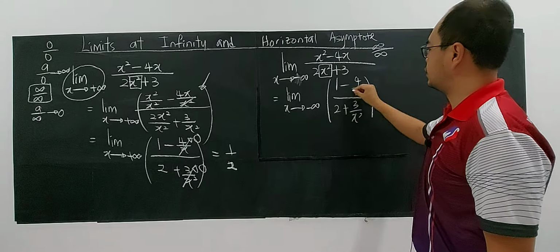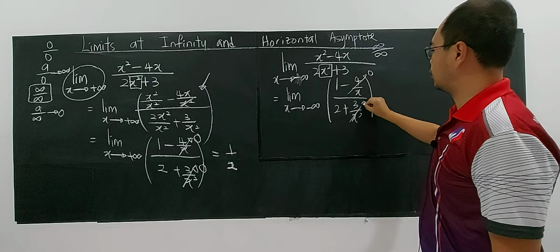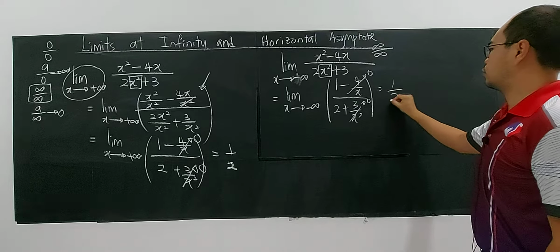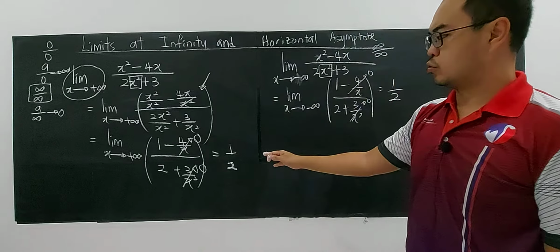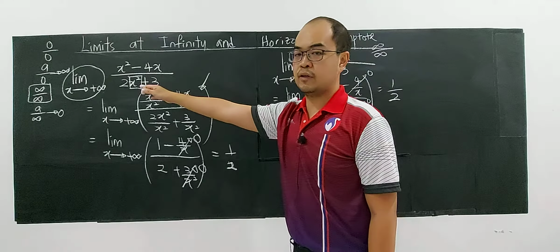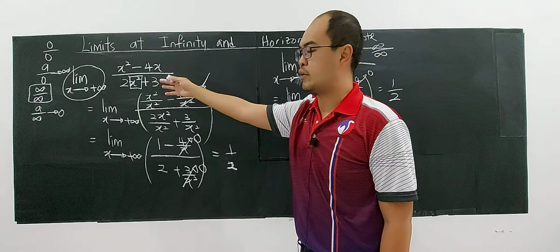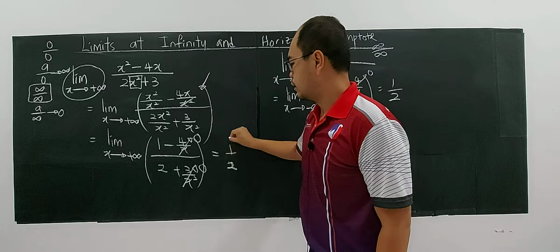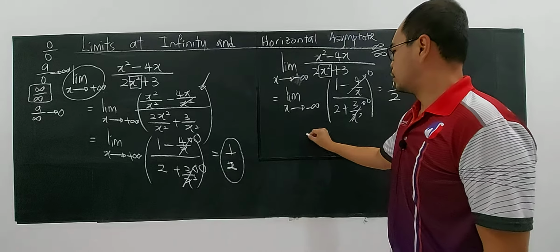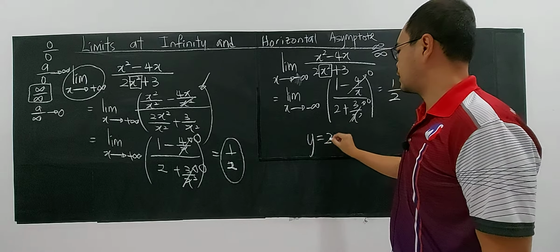Putting in infinity, the fractions still approach 0, and you still get 1 over 2. So either way, positive or negative infinity, you get 1 over 2, which is the limit at infinity. This value represents your horizontal asymptote.